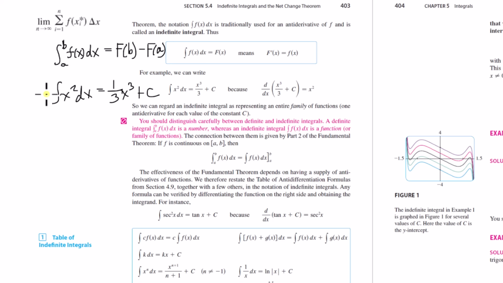Okay, now, they introduced this as the symbol for antidifferentiation, and they also put this under the name integration as well. This was termed indefinite integration, and this was termed definite integration.